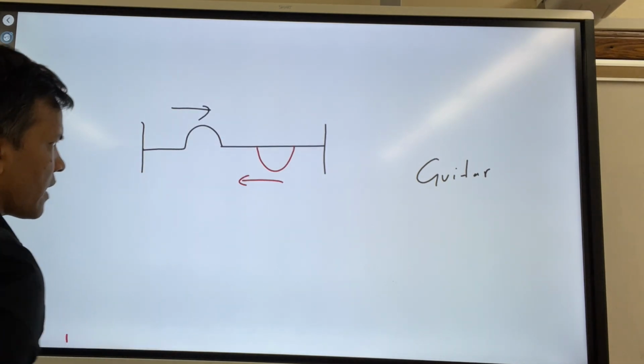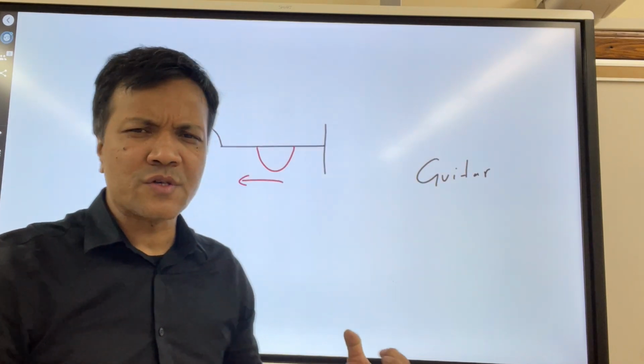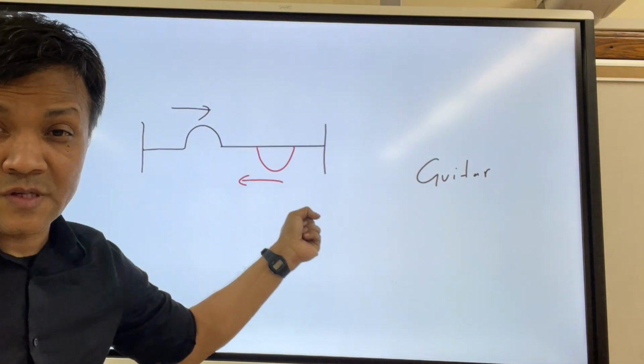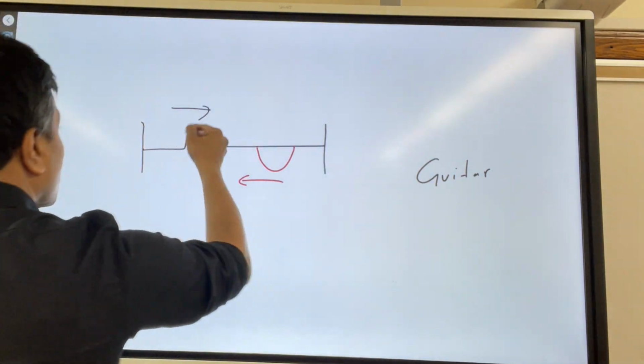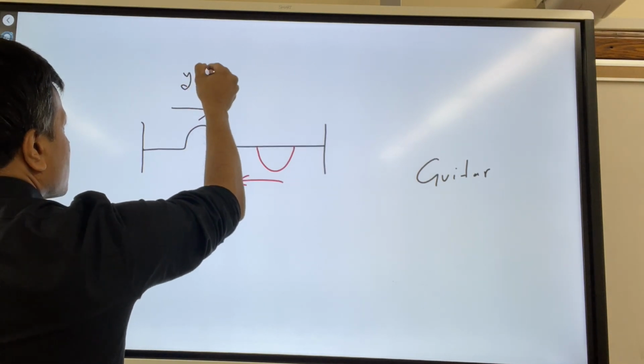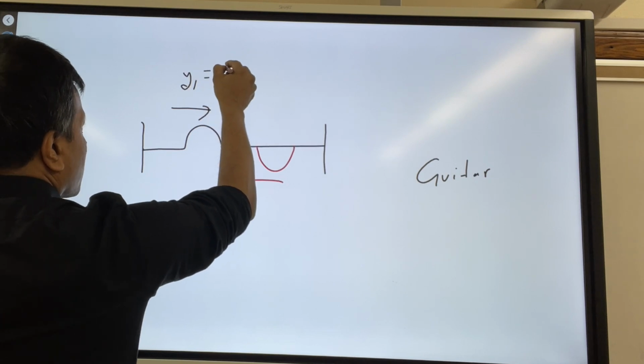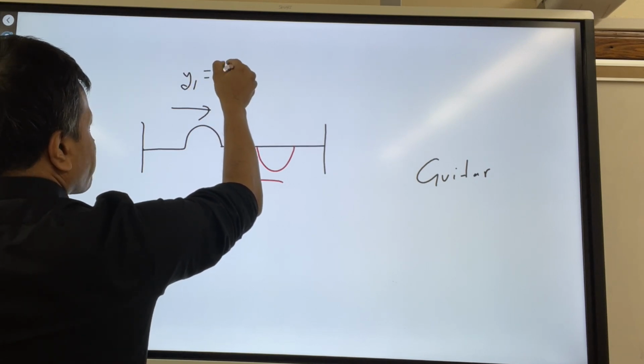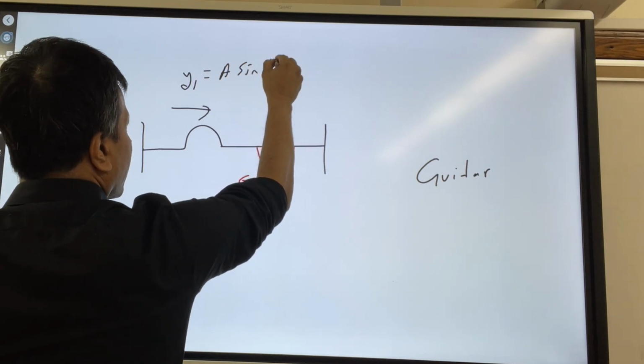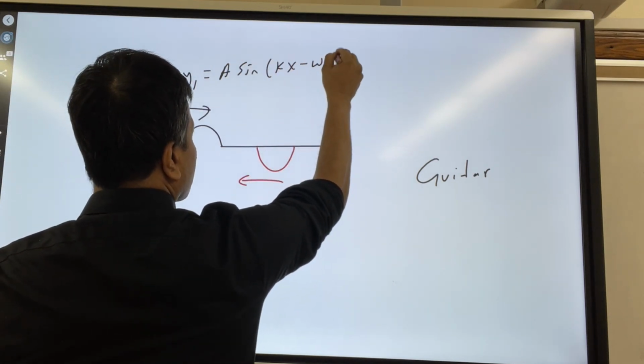Now I want you to write the equation for this one and the equation for this one, right? So the equation for this one would be y1 equals amplitude times sine(kx minus omega t).